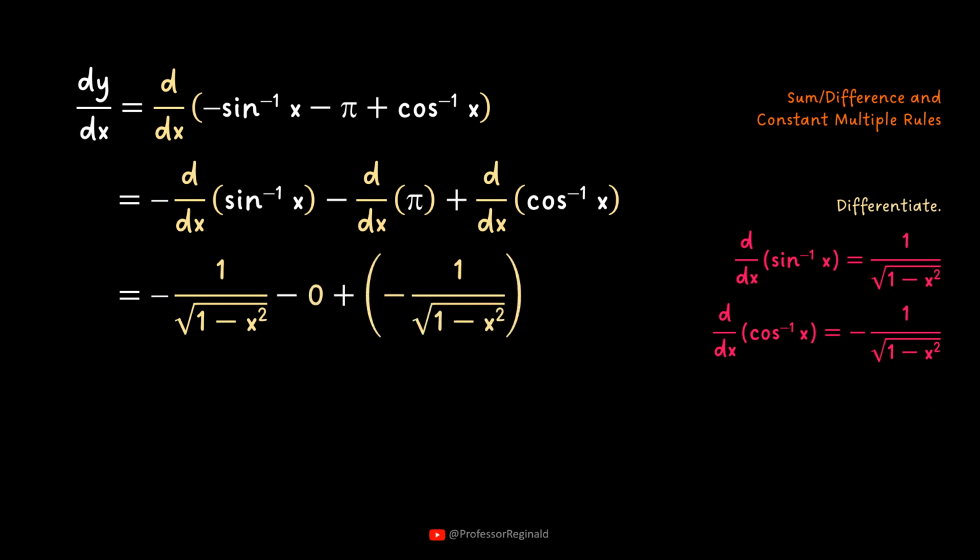And simplify the derivative. Therefore, the derivative of y with respect to x equals the negative of 2 all over the square root of quantity 1 minus x squared.